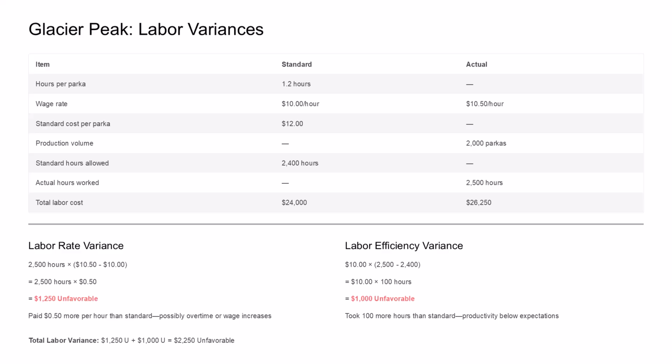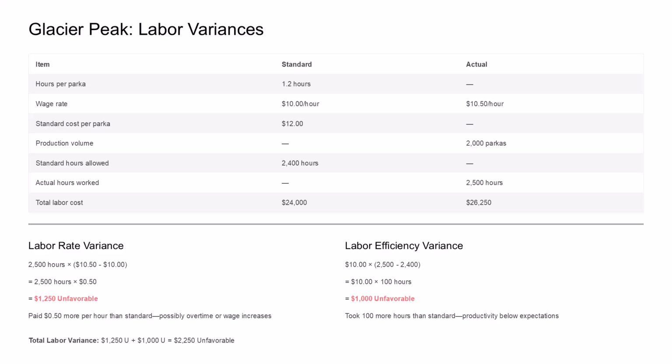Standard rate was $10 per hour. Labor rate variance equals 2,500 hours times ($10.50 minus $10), which equals 2,500 times 50 cents equals $1,250 unfavorable. They paid 50 cents more per hour than standard on average for 2,500 hours, which cost us $1,250.